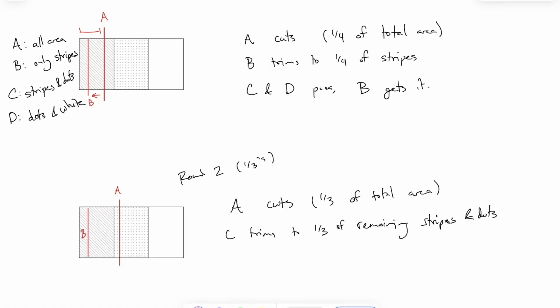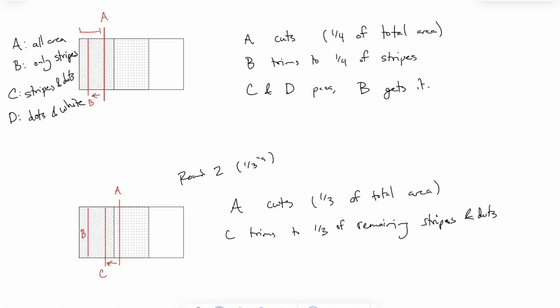All right. So the remaining stripes and dots is this entire region here, this whole box here, and I'm going to try to cut it down to just 1/3 of what remains. Something like this. I'm trying to draw it in red. I guess it doesn't really matter. Something like that, all right? So this is C's trim.